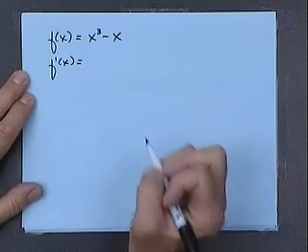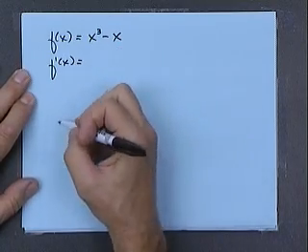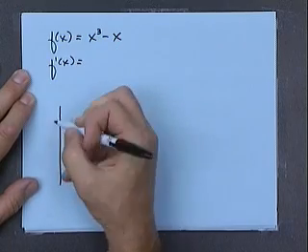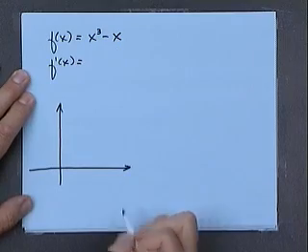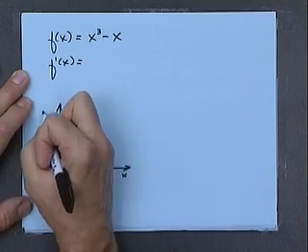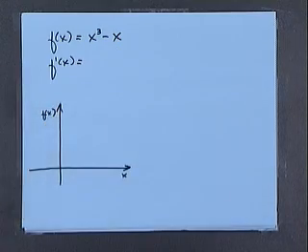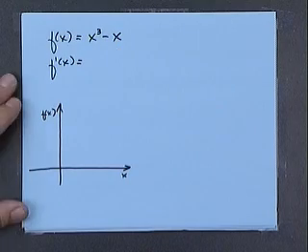Actually, before we find the derivative, let's see if we can sketch. Then we'll find the derivative, see if that sketch that we come up with for the derivative seems to be what we think it should be.